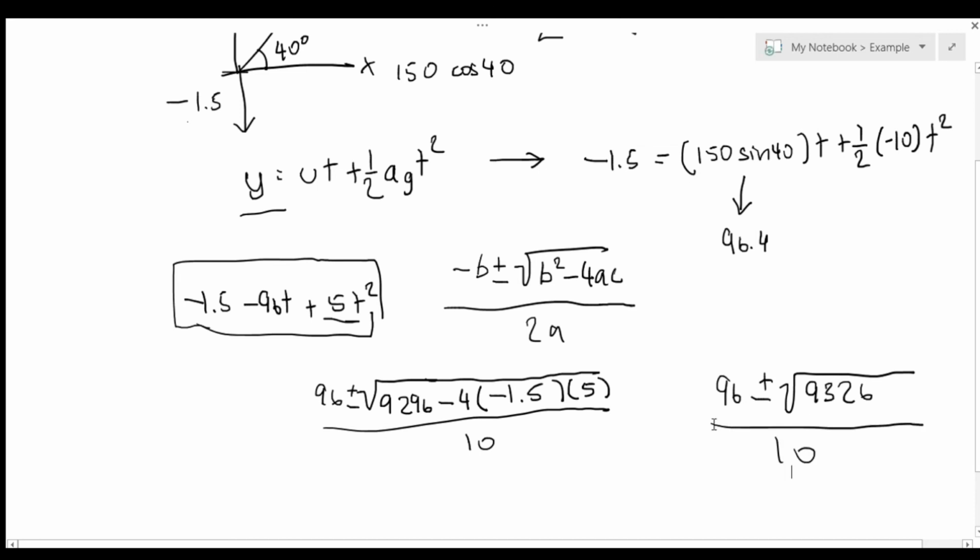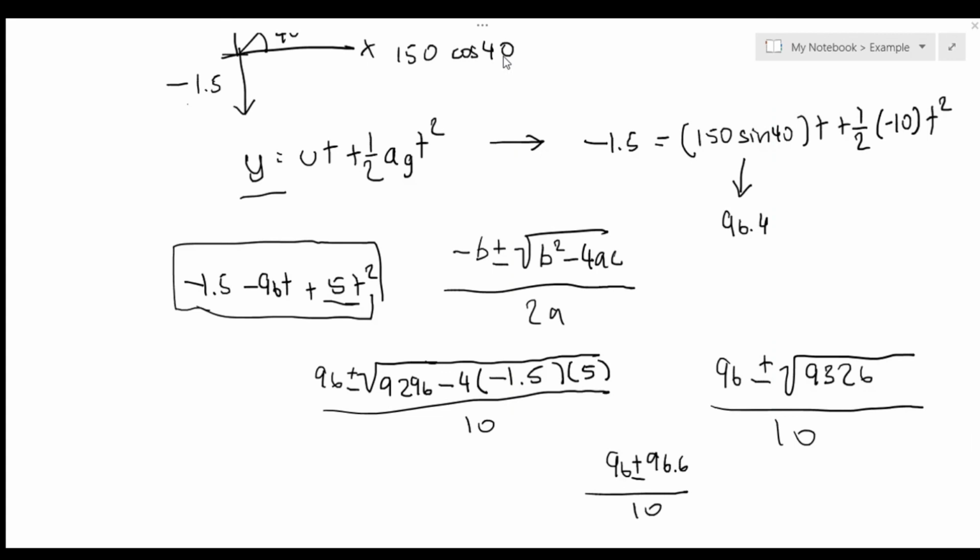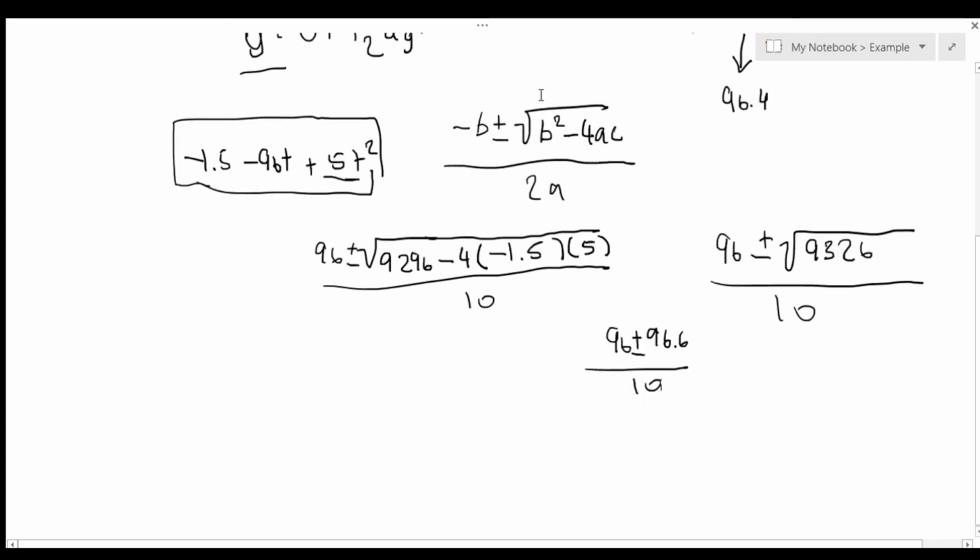And then furthermore, once we solve this, we can get 96 plus or minus, after solving the square root, 96.6 over 10. Since there's a plus minus sign, it's telling us that we can either add or subtract the values above the 10. So let's do both ways.